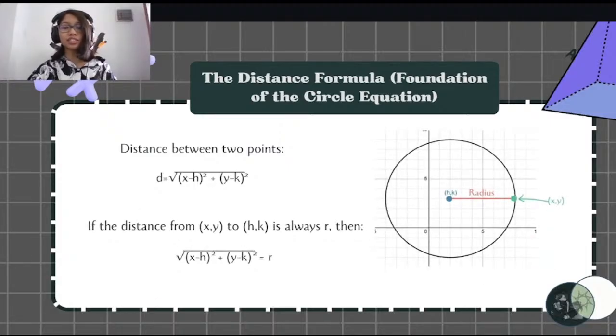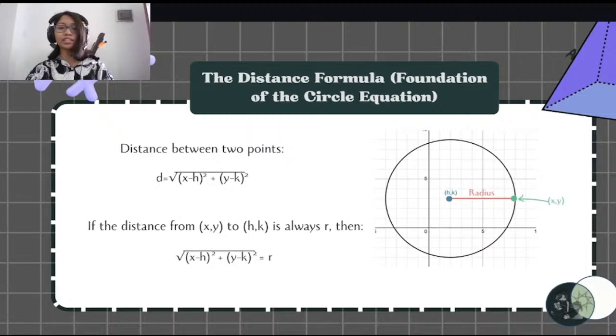If the distance from point x y to the center h k is always r, the radius, then square root of quantity x minus h squared plus quantity y minus k squared equals r.